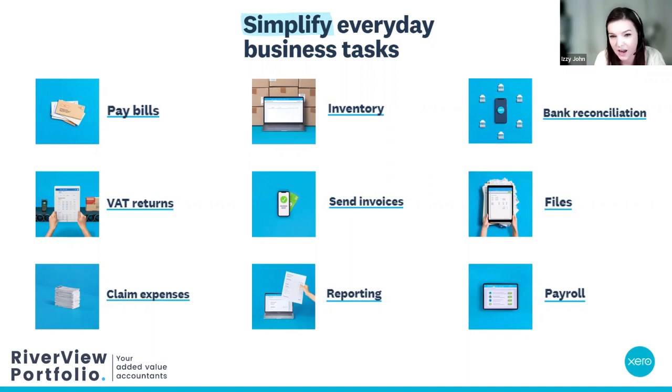On the screen now, you'll see some key features that Xero can do that go that one step beyond just recording your financial data to be compliant. We're not going to be going over all of these features today. I don't have the time to do that. But I will be going over the main key ones that all businesses will need to be monitoring and how Xero can help with that.